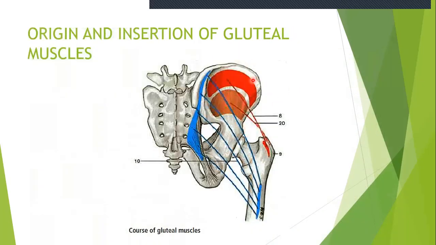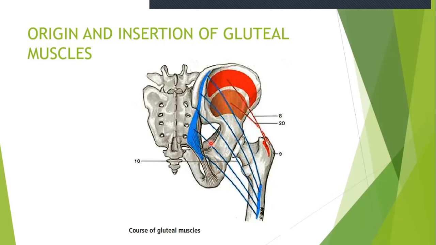This is the gluteal surface of ilium. You can see this is the posterior gluteal line here, and here in blue, this is where the Gluteus Maximus originates from. So on the gluteal surface of ilium behind the posterior gluteal line, on the dorsal surface of sacrum, and on this ligament, which runs from the sacrum to the ischial tuberosity, the sacrotuberous ligament.